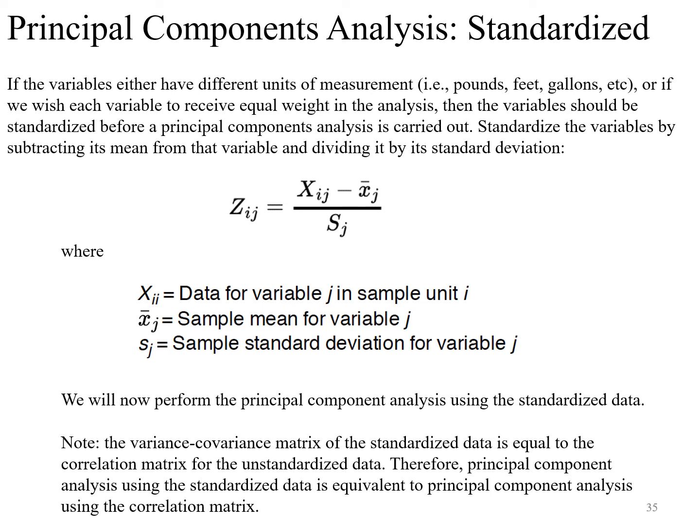And I tell you this because software packages may either give you the option to use raw data or standardized data, but they might also say, do you want to use the covariance matrix or the correlation matrix? And it's just two ways of asking the same question. Raw data, that would be the covariance matrix. Standardized data, that would be the correlation matrix.